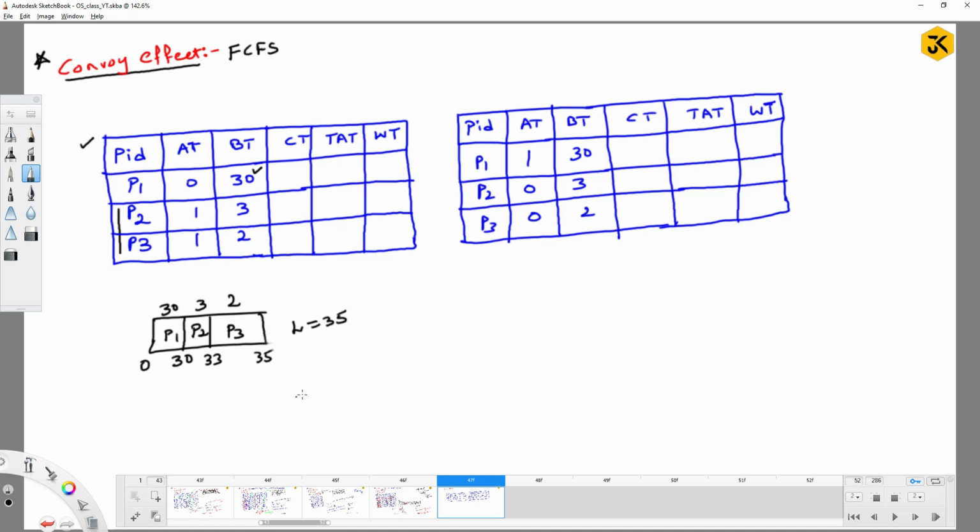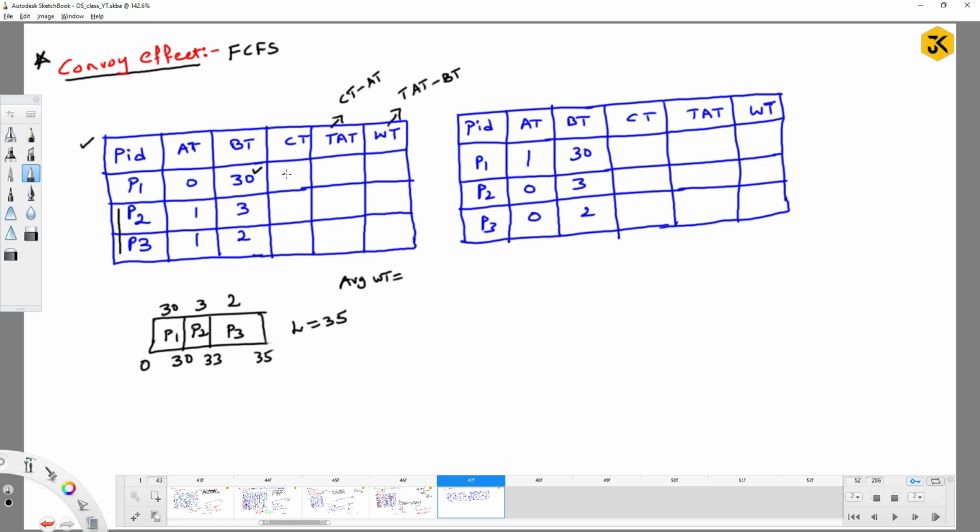Fine. Now fill this particular table, as I am trying to calculate the average waiting time. The waiting time formula is turnaround time minus burst time. To calculate turnaround time, you calculate completion time minus arrival time.